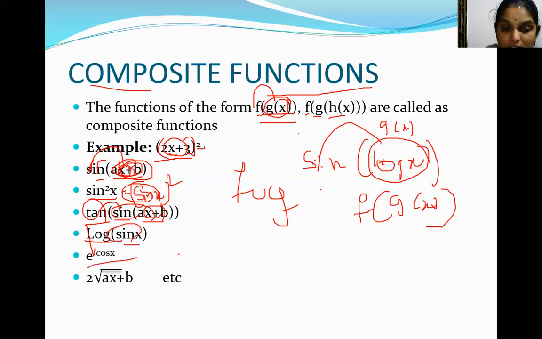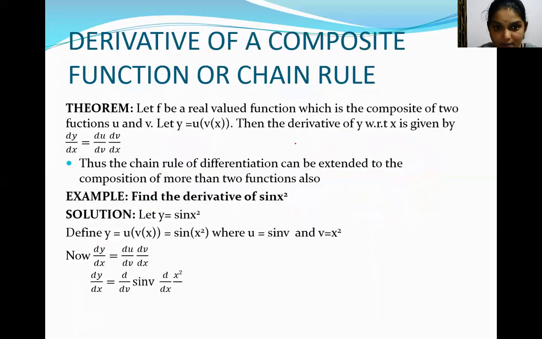E raised to cos x: you know the derivative of e raised to x, here instead of x it is cos x. Then 2 into root of ax plus b: ax plus b is one function, and root of is another function. Thus root of and ax plus b are composed in the form f operating on g of x.